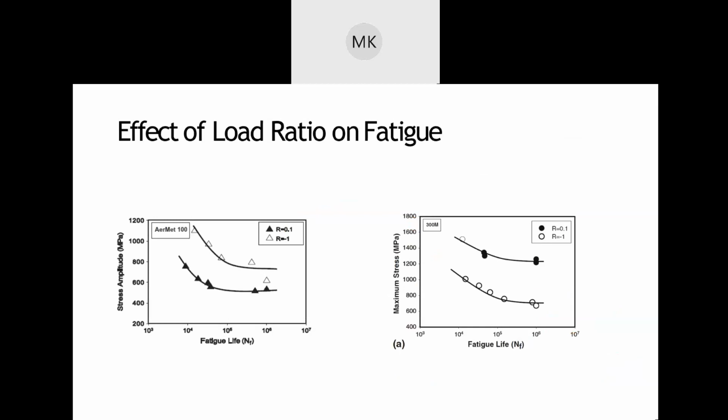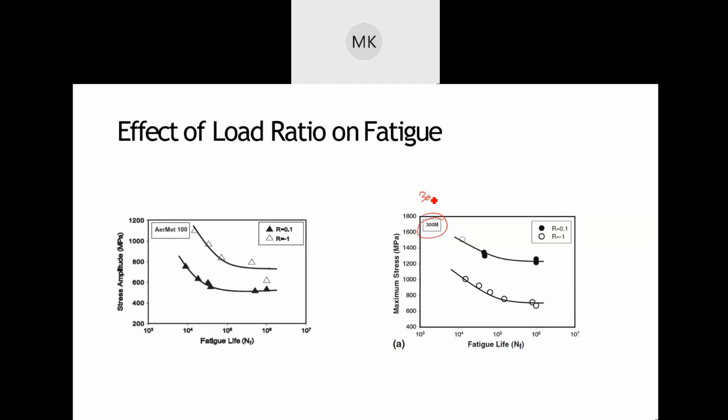This is just an example from one of my papers on landing gear materials. This is the material that was more commonly used for landing gears until about the mid 2000s, so 2005, 2006. This was the major material.